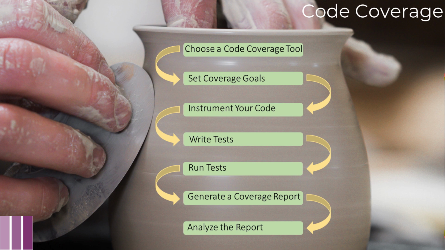This involves manually adding code to the code under test to track which parts of the code are executed. Once the code has been instrumented, the test cases can be executed and the code coverage data can be collected. The code coverage tool will then generate a report that shows which parts of the code were executed and which parts were not.